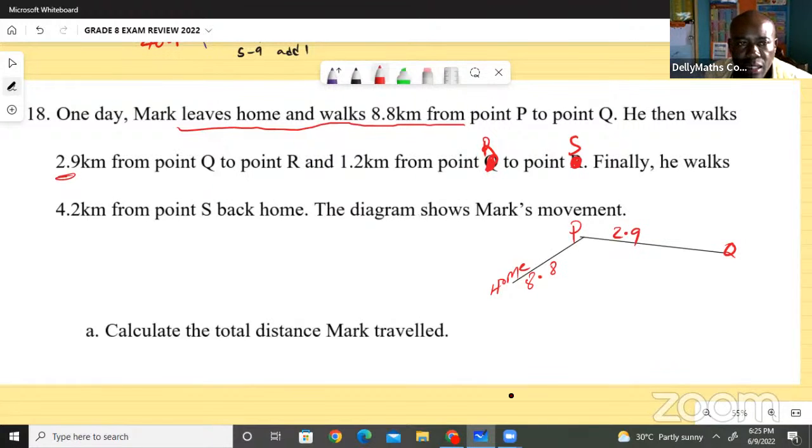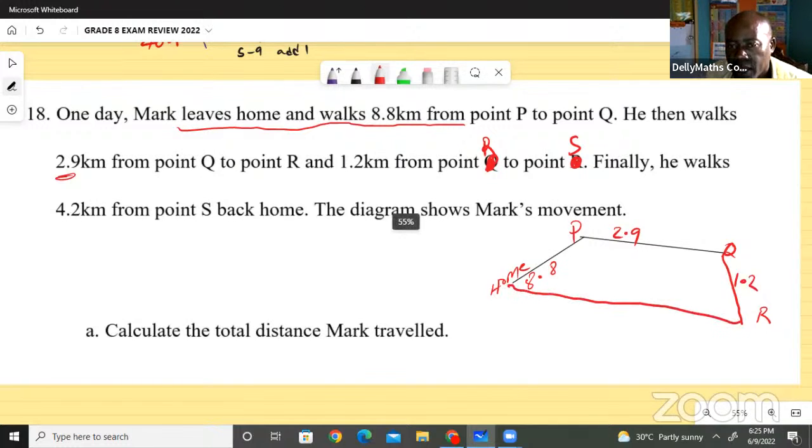And then you're going to move from Q to R. I could just draw this. So from Q to R, there's a 1.2. And then they said he walked 4.2 from R back home, all right?